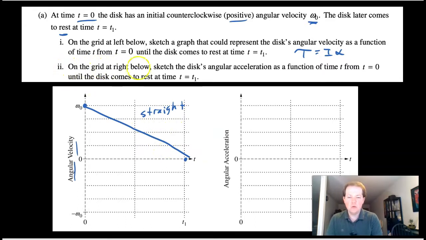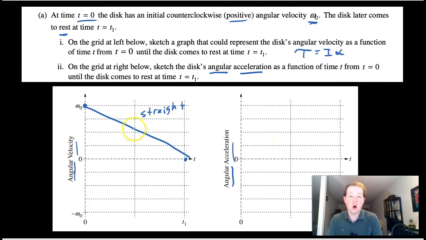Part 2. On the grid at the right, sketch the disk's angular acceleration as a function of time from t equals 0 until the disk comes to rest. Well, okay, this is angular acceleration. I know that if I have a velocity graph, the slope of the velocity graph is the acceleration.